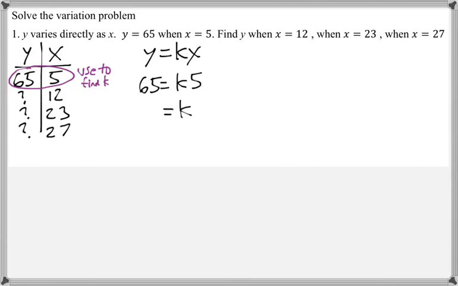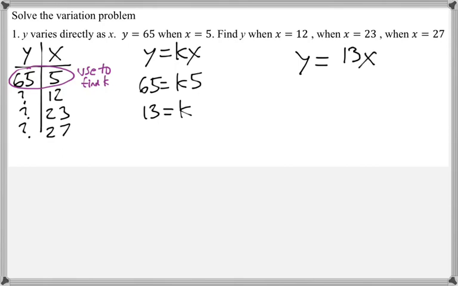And k is equal to 13. So now I'm going to rewrite the general equation, but instead of putting k, I now know that k is equal to 13.